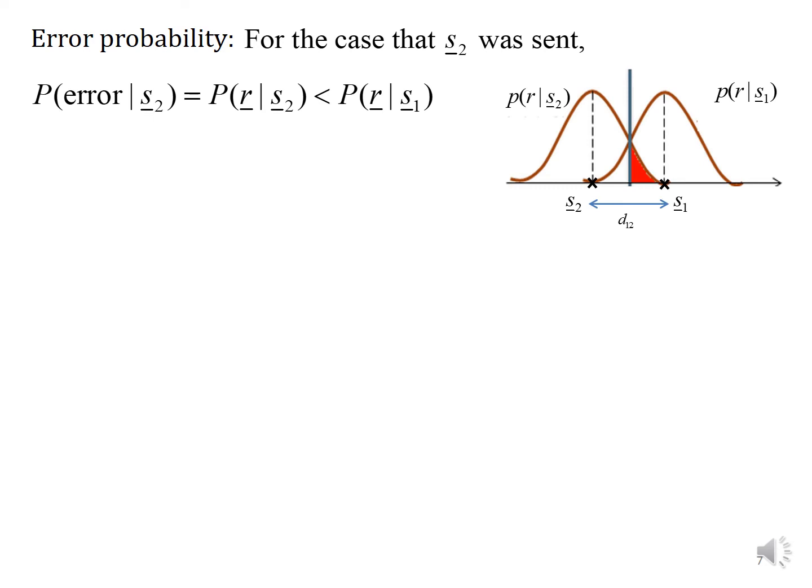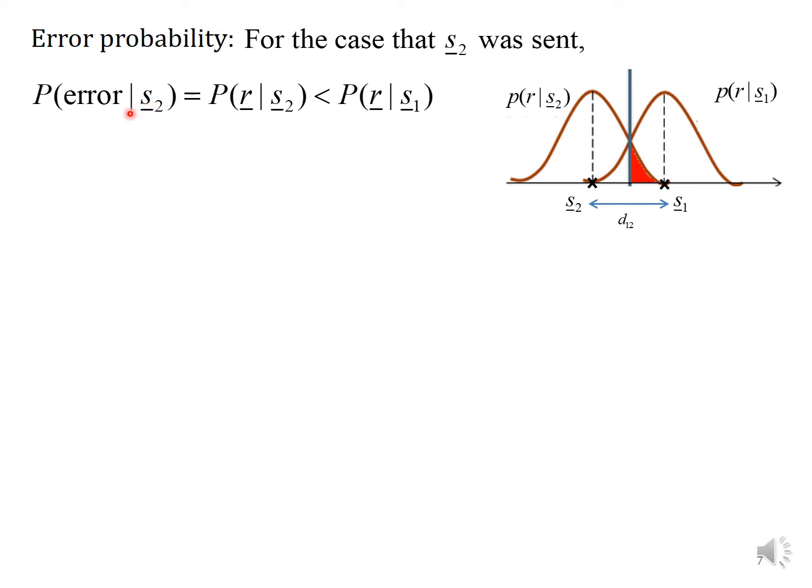Here is the probability distribution of R if S2 is sent, and the probability distribution if S1 is sent. This is R, given different values of R.